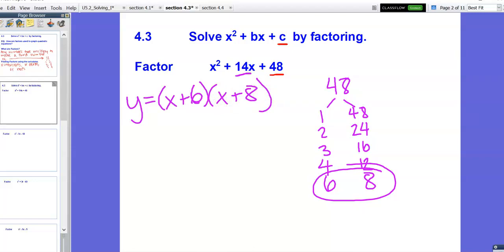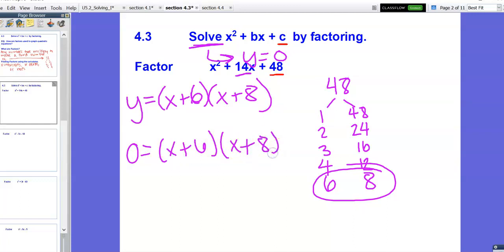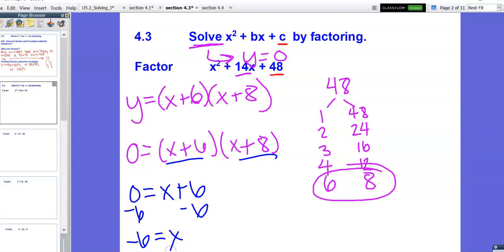So that's step 1. Step 2, it does say solve. So when it says solve, we have to set y equal to 0. So we're going to have 0 equals x plus 6 times x plus 8. And then we're going to set up and solve two different equations, one for each factor. So 0 equals x plus 6, and then you also want to do 0 equals x plus 8.